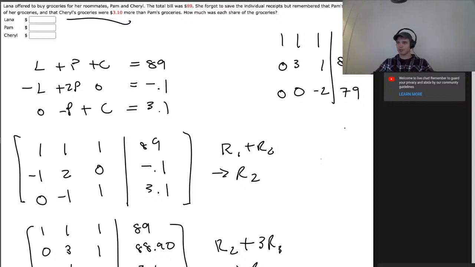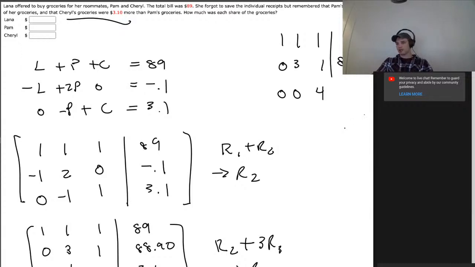So I made a mistake right here. So this is 0, but this is row 2 plus 3 times row 3. So 1 plus 3 times 1 is 4. That's a big mistake.